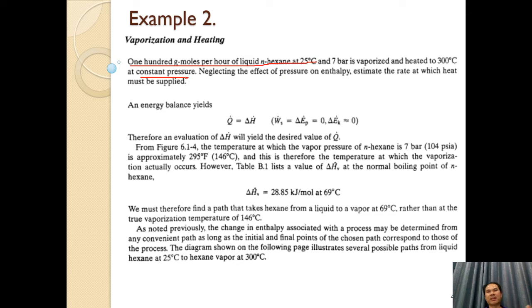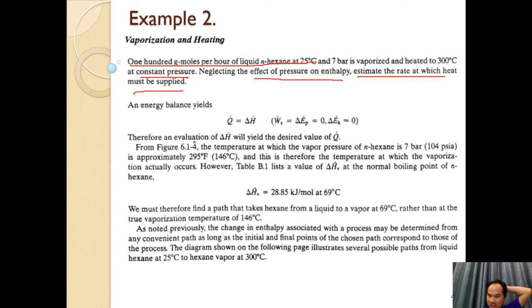There are two steps: the hexane is heated from 25 to the boiling point and vaporized, and then the vapor phase is also heated to 300 degrees at constant pressure, 7 bar. If we neglect the effect of pressure on enthalpy, what is the rate at which heat must be supplied, that is, heat added to the system?